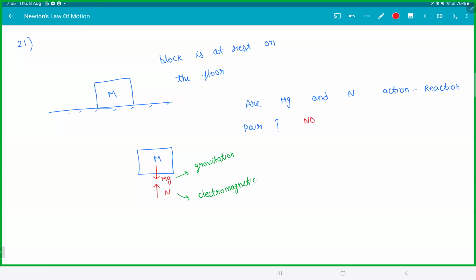One thing is clear, this is not an action-reaction pair. Think, everyone. I'll give you another 20 seconds. If these two are not a pair, there is a pair somewhere. Where is that pair? You will always get forces in pairs. You won't get a single force hanging.